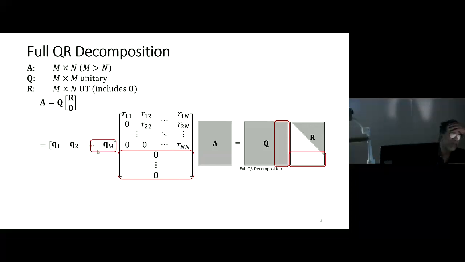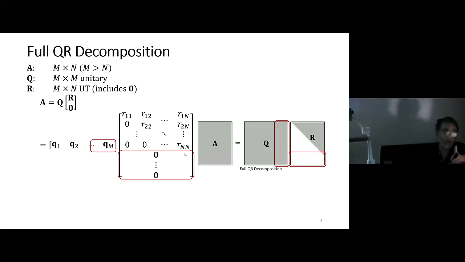Right? Look at the first column. How do we get the first column of A? Q1 times R11 plus Q2 times 0. All these will get multiplied with zeros. So your question was, why is it that these are always going to get multiplied by zeros?